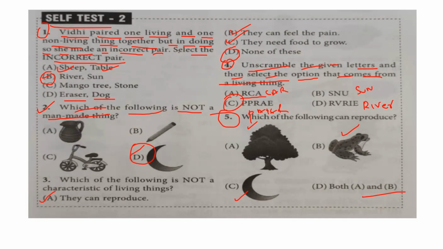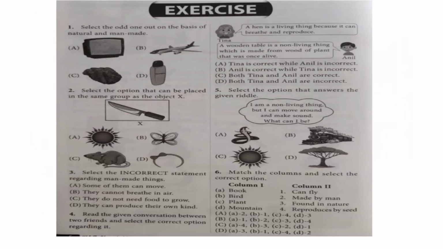And trees, yes, trees can also make another tree like them. So we have options A and B, they both can reproduce, but moon cannot reproduce. Moon is single. So frog and tree are living things, hence they can reproduce, while moon is a non-living thing, hence it cannot reproduce. Let's move ahead to the exercise question.